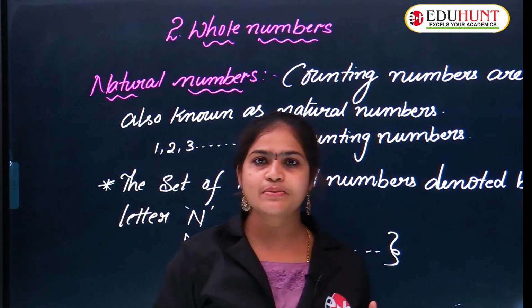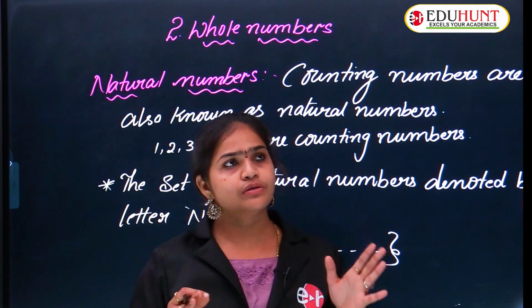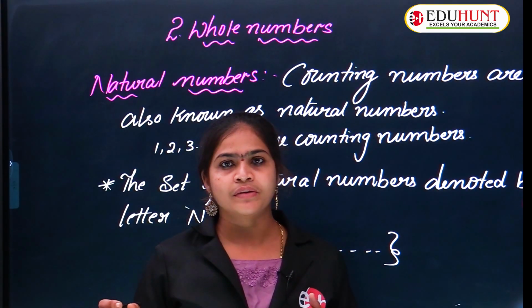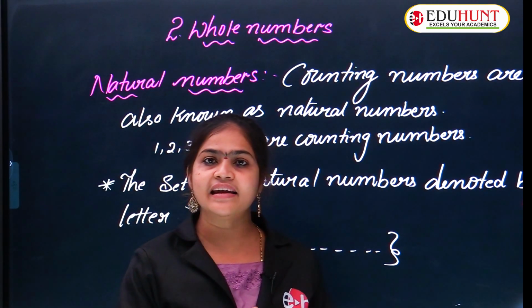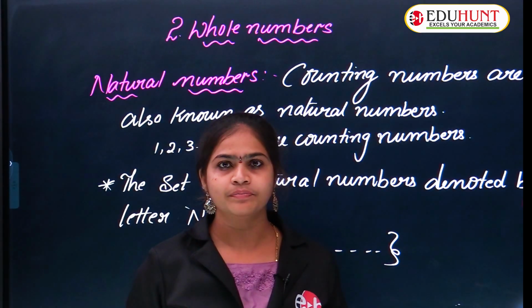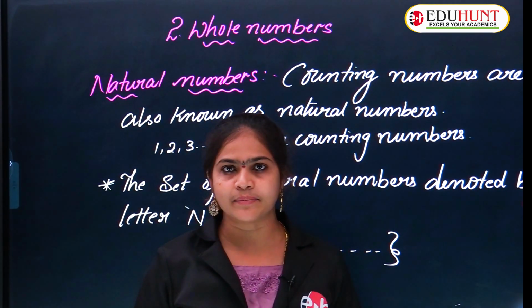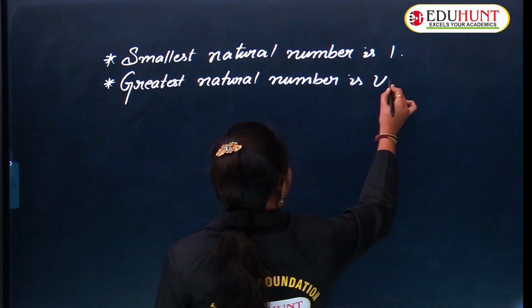We know the place values: crores, 10 crores, then Arabs and so on. We have so many place values, so we can't say how many digits the last number has, and in the same way we can't say what the greatest number is. That's why the greatest natural number is undefined.